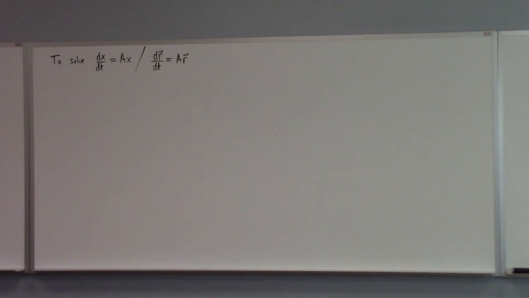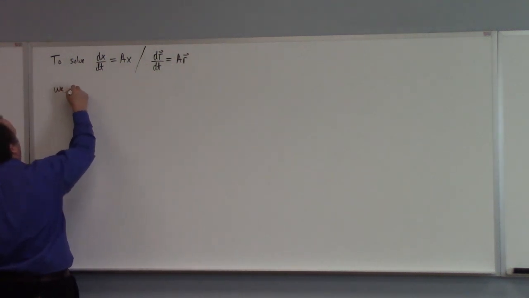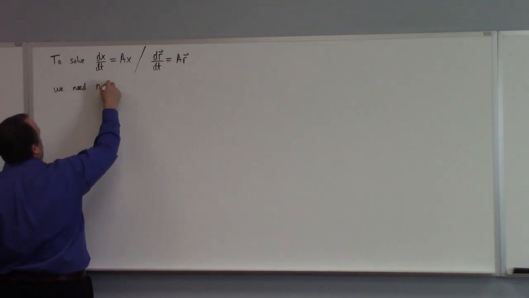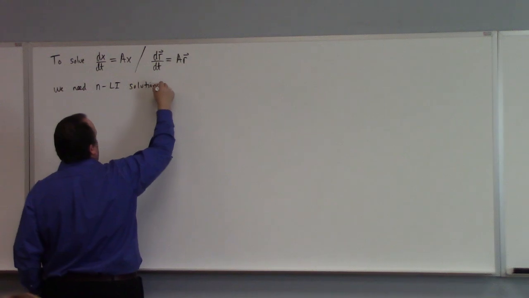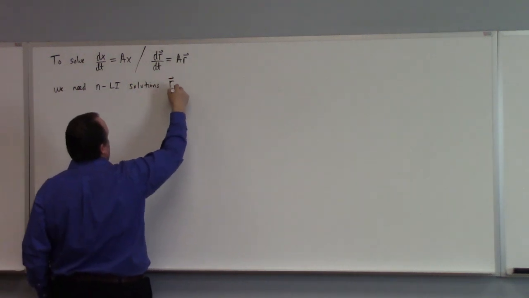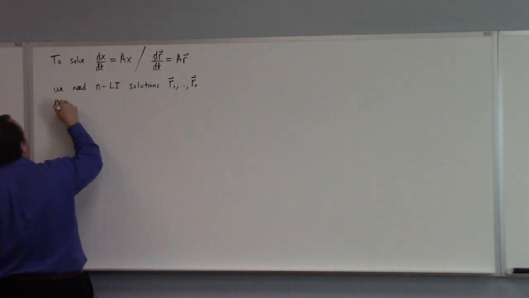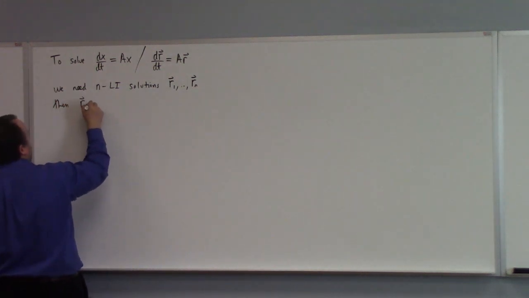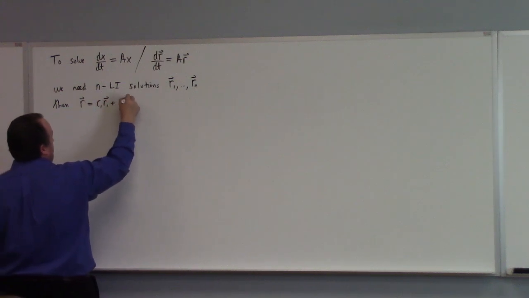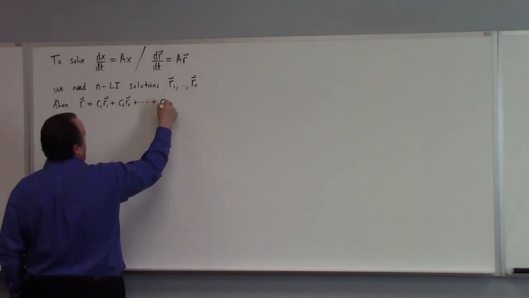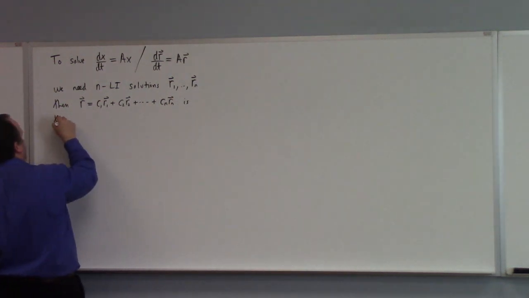So how do you do that? Well, we need n linearly independent solutions. Let's say R1 through Rn, then R = C1 R1 + C2 R2 + ... + Cn Rn is the general solution.